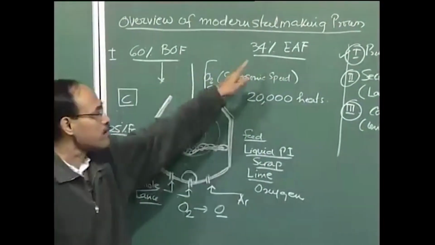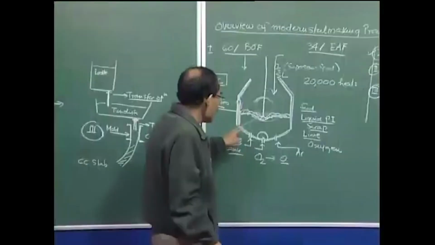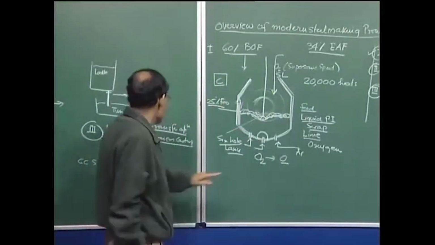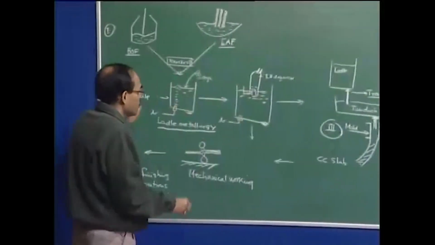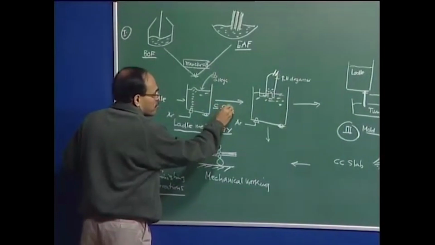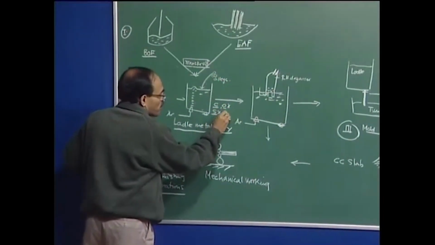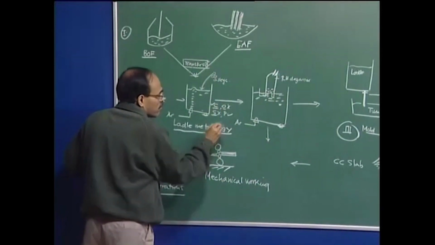We can also have the electric arc furnace through which we produce steel. The material which comes out of here and goes into the ladle has the carbon right, but the oxygen is not right, sulfur may not be right, phosphorus may be okay.